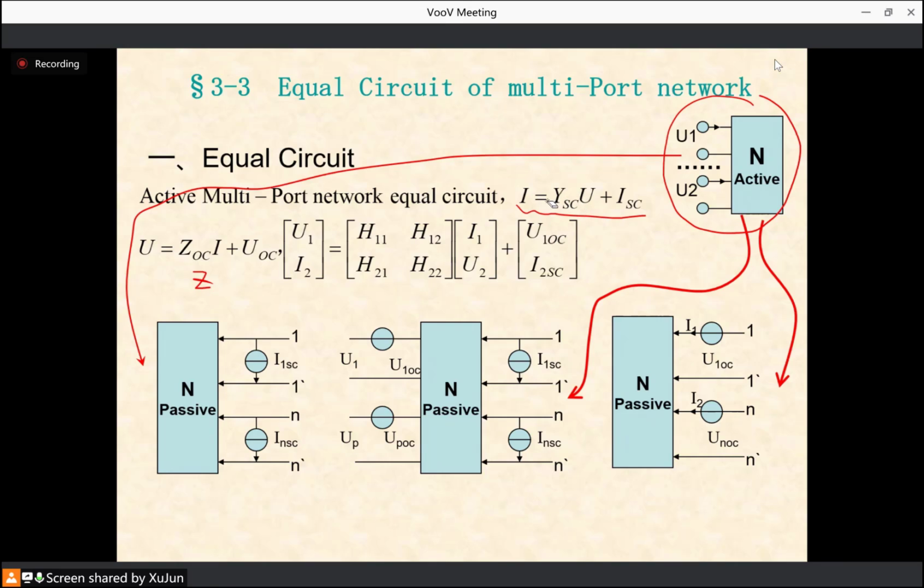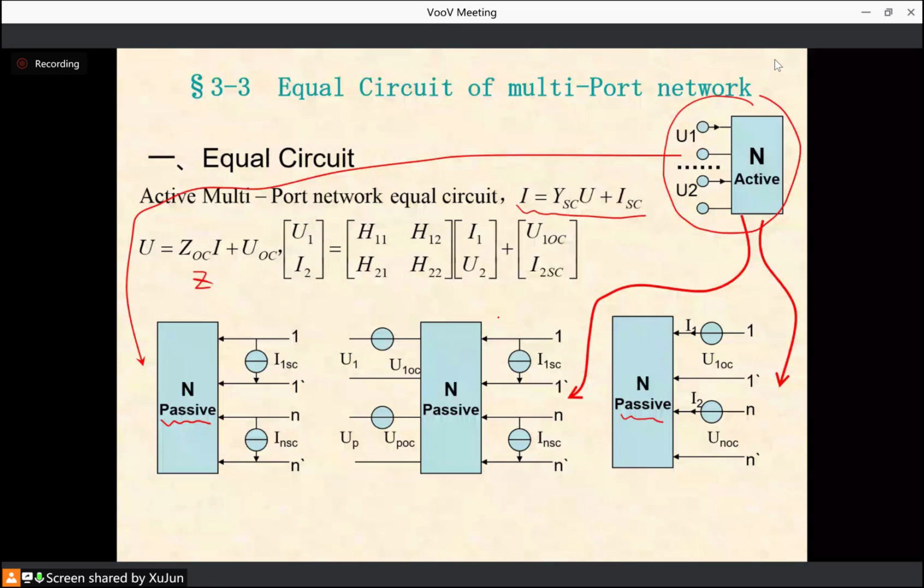When we use U to express I, we can treat this network as equal to a passive network with a current source connected in parallel outside. If you use Z to express, we can treat it as a passive network serially connected with a voltage source. If we use the H parameter, we treat some of the ports as serial connected and some of the ports as parallel connected.